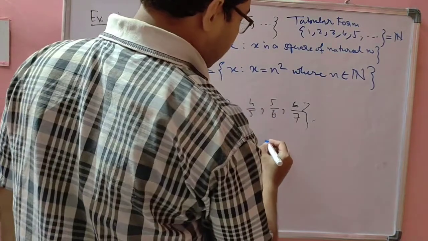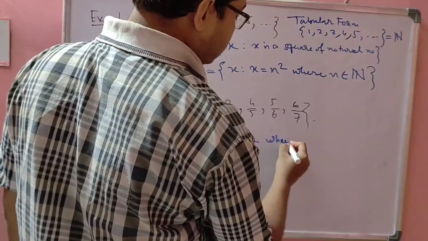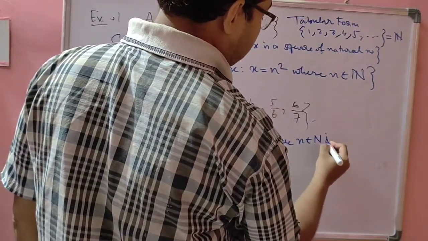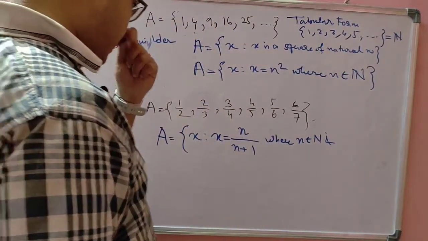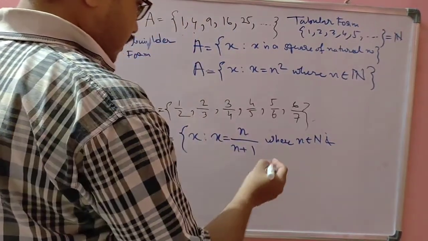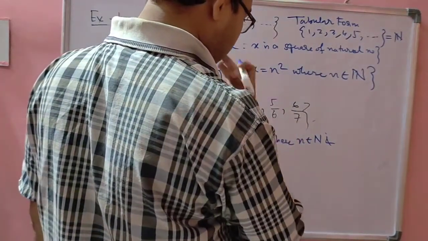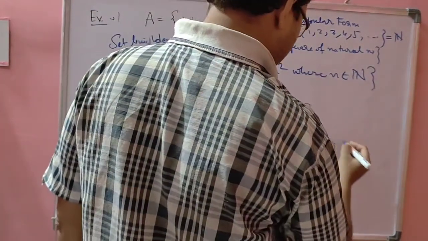And we can say where n belongs to N, and there is something else, a restriction on the value of n.